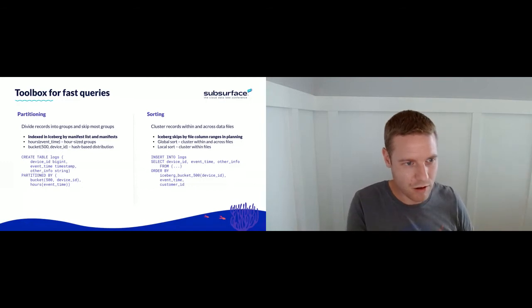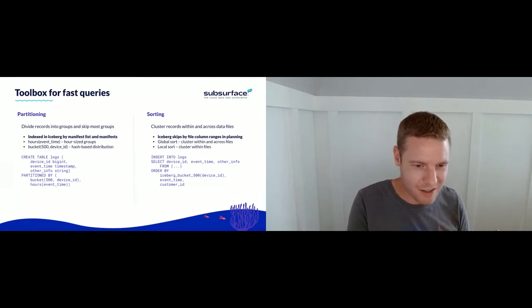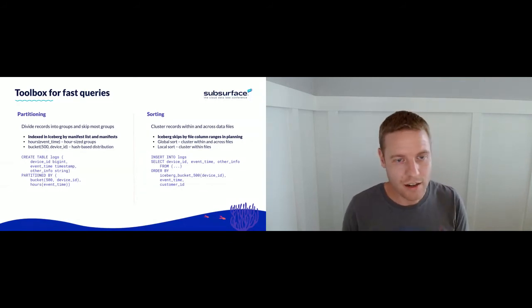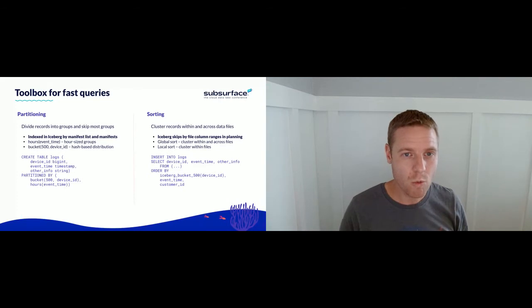Partitioning helps us ignore all of the buckets that we don't need and all of the hours that we don't need. On the other side, sorting helps us ignore individual files that we don't need in order to satisfy a query. So most queries in this case are going to have to read one or maybe two files to get the records for a particular user, which is a massive improvement.